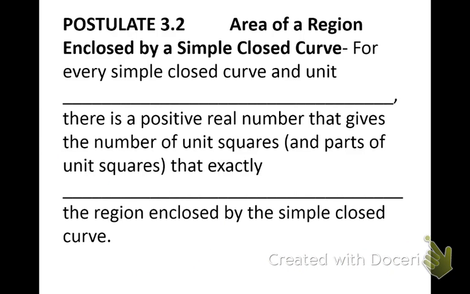Area. The area of a region enclosed by a simple closed curve. For every simple closed curve and unit square, a unit square is a 1 by 1 square, there is a positive real number that gives the number of unit squares and parts of unit squares that exactly tessellate.